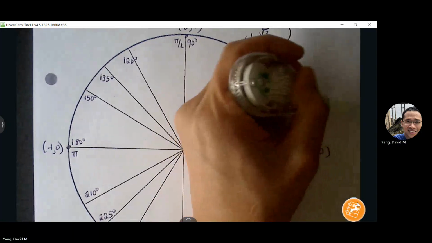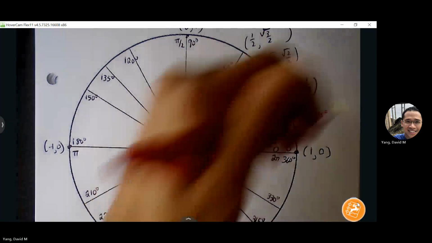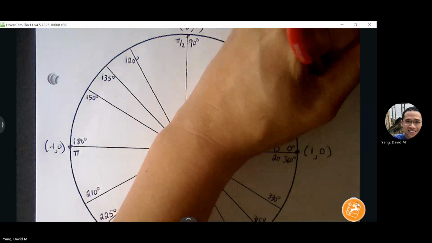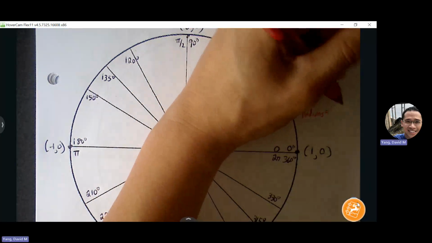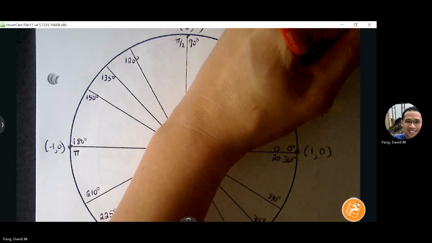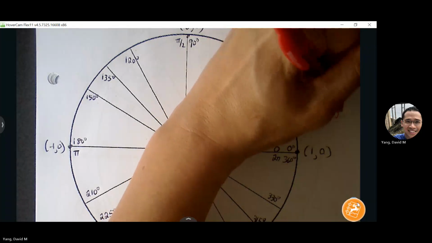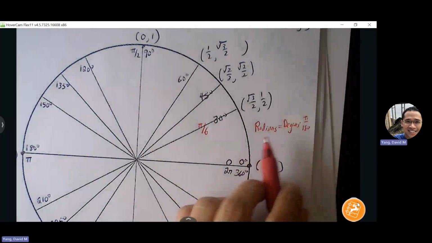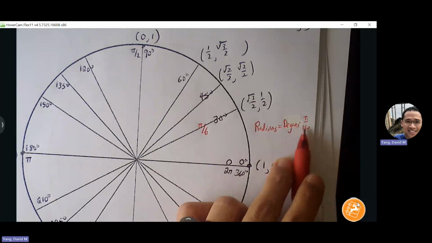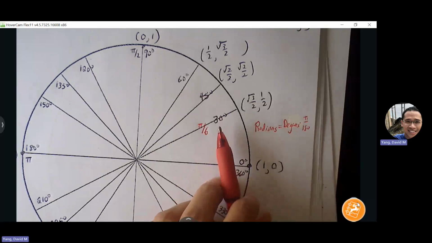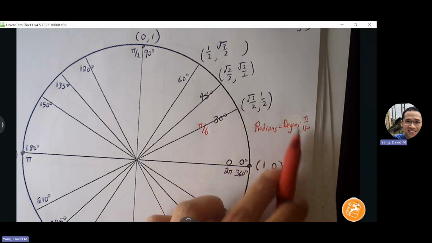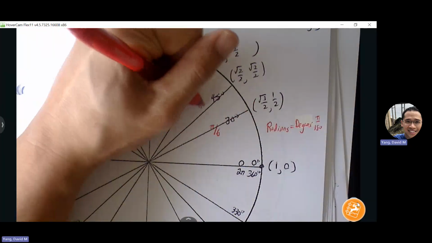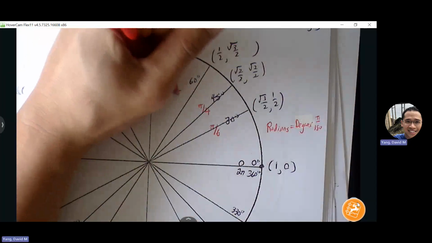So to go from degrees to radians, you're always either multiplying or dividing by 180 over pi. So if I do 30 degrees times pi over 180, that will give me pi over 6. Okay, 45 degrees is pi over 4. 60 degrees is pi over 3.